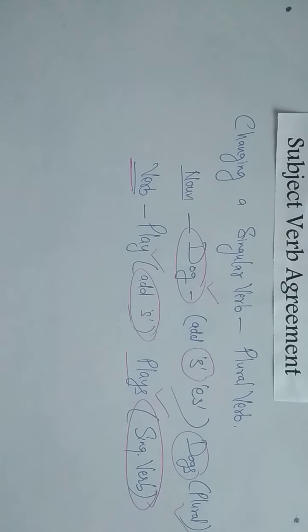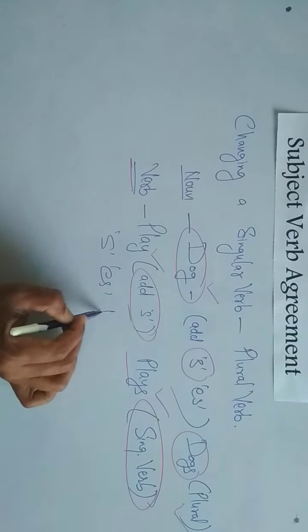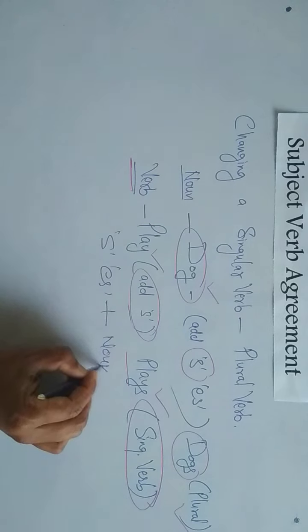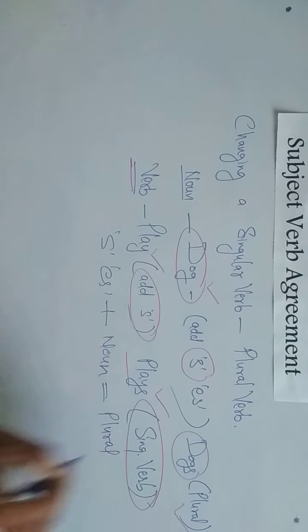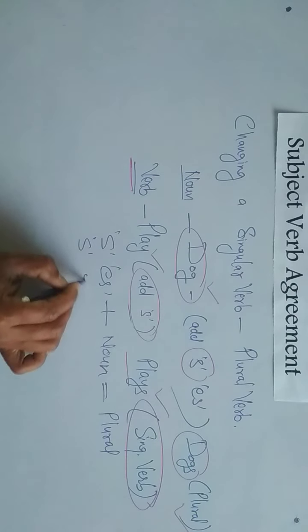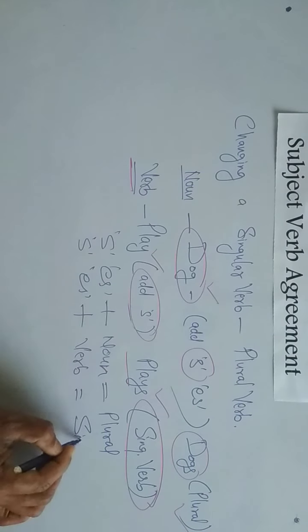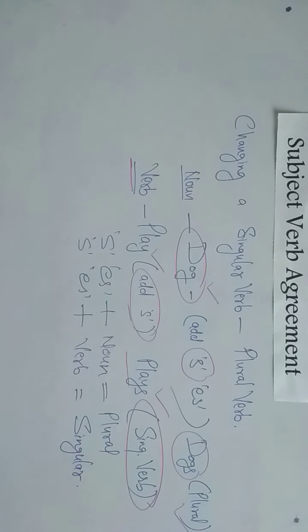So dear students, what I mean to say here is, when you add s or es with a noun, it means plural. And when you add s or es with a verb, it means singular. I hope you understood how we can change a singular verb into a plural verb.